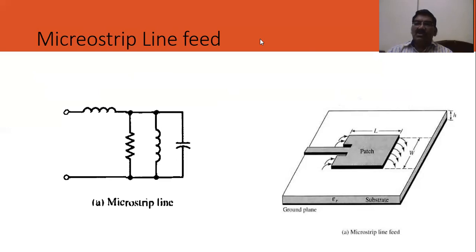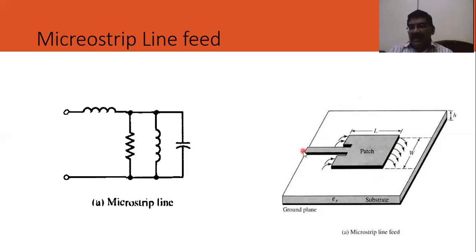This microstrip line can be used for the feeding of this antenna. The actual patch is this much. This part is for the impedance matching. And here mostly SMA connectors are used, which are small in size. These SMA connectors are connected here, and by the coaxial cable it is given here.